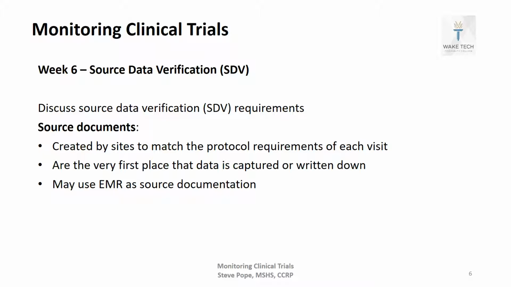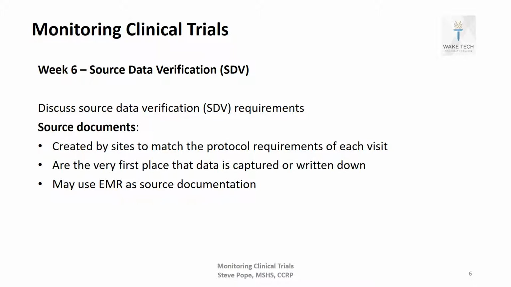So sites are going to create source documents, which are going to be paper documents in most cases, and they're going to be created by sites to match the protocol requirements for each visit. So they're going to be segmented normally by the visit numbers as the subjects come in.